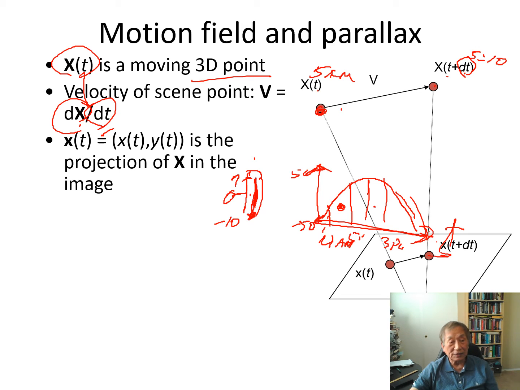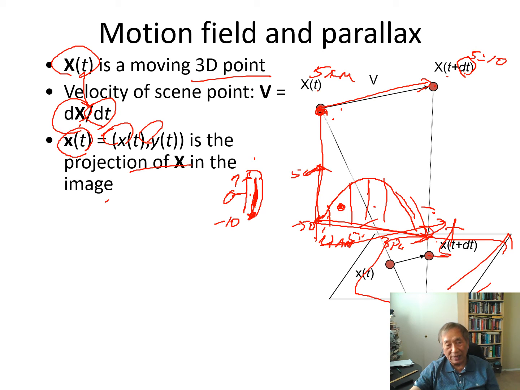And then this x of t, y of t is a projection of x in the image. So when the point is moving up like that, the x value is changing from here to here. This is an image plane, or image world, and this is the real world.